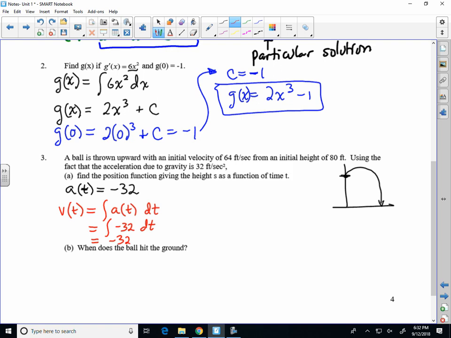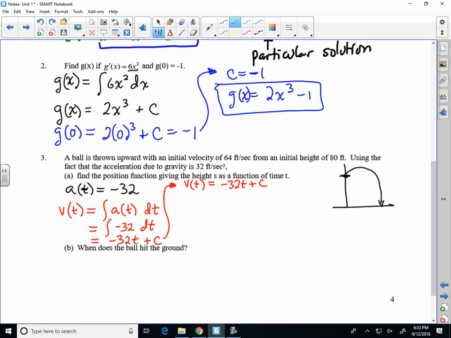Negative 32, but with t. Right idea. Plus c, plus some constant c. All right. So let's carry that out to the next step. I'm going to rewrite, make it look a little nicer. Negative 32t plus c.